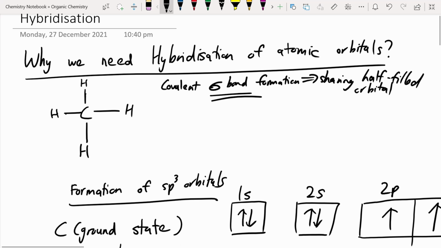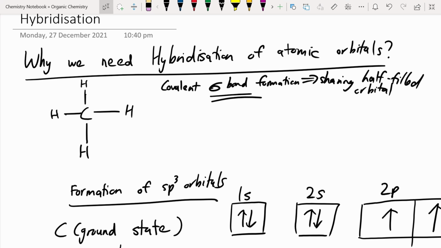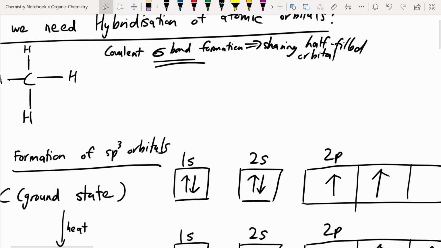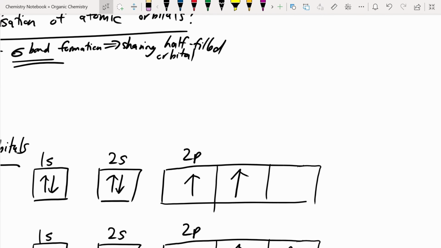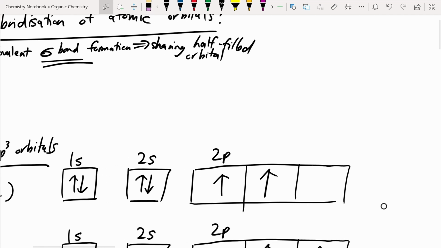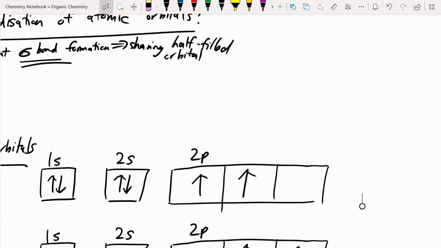However, the ground state of carbon, as you can see over here at the bottom, only has two half-filled orbitals, so it means that you can only form two sigma bonds with carbon.